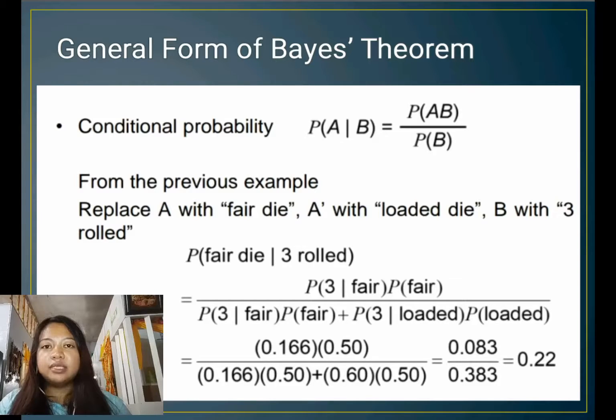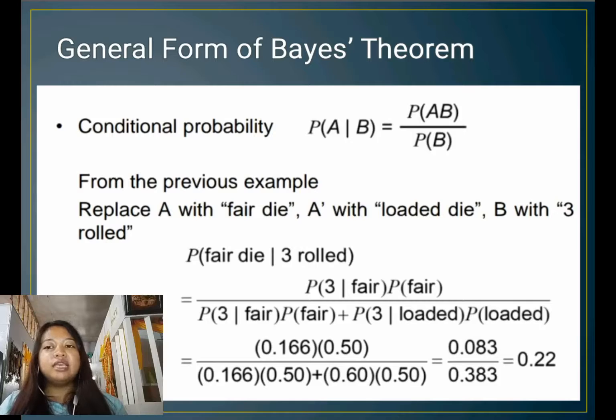we add to that the probability of being B given that it is A-complement, the complement of event A, and the probability of the complement of the event A. So these are the numbers applied. 0.166 multiplied by 0.50, and then we divide it by 0.166 also multiplied by 0.50 plus 0.60 multiplied by 0.50.